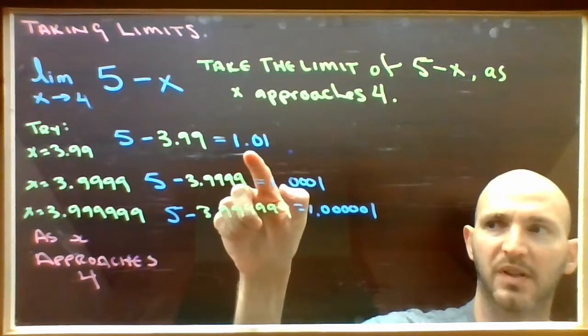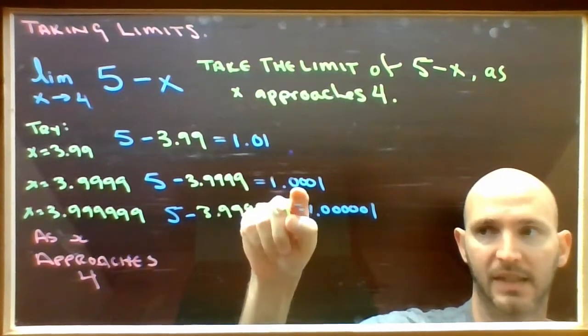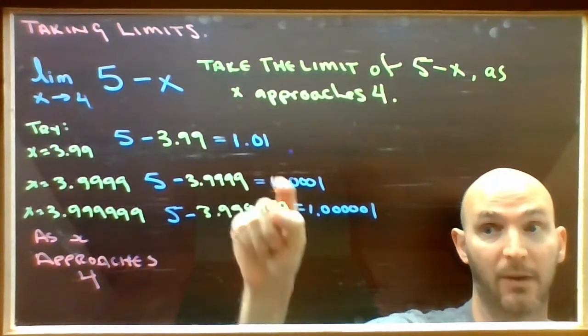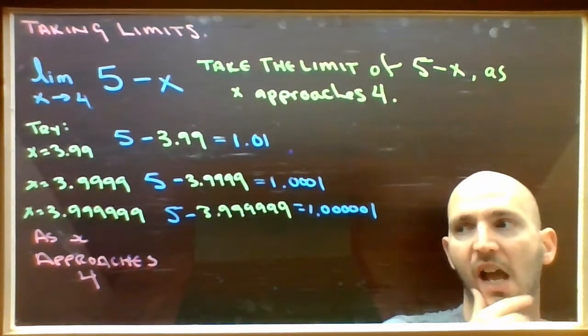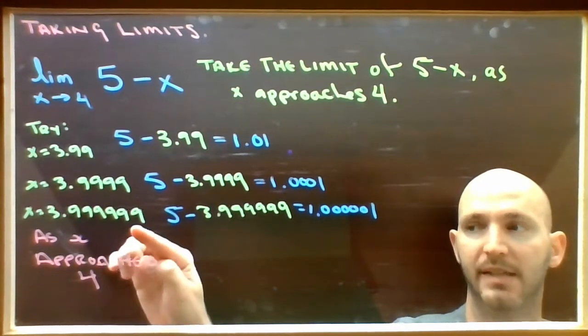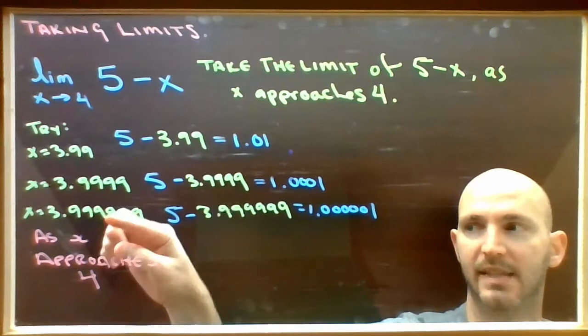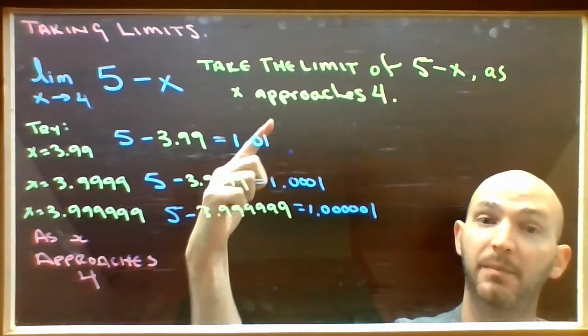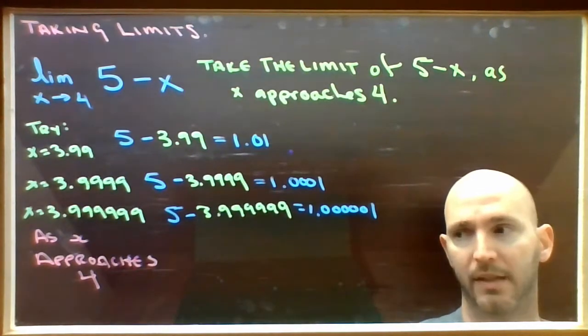Well, this number is almost 1. This number is even closer to 1 than that was. And this number is even closer to 1 than that was. And if you look at the pattern, the more 9s I put on this, the more 0s I end up here. So as these numbers are creeping up to 4, this is settling down onto 1.